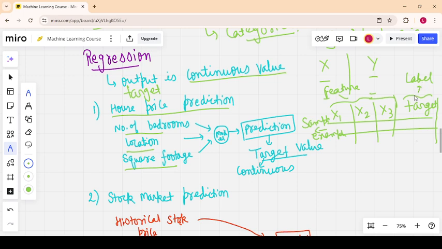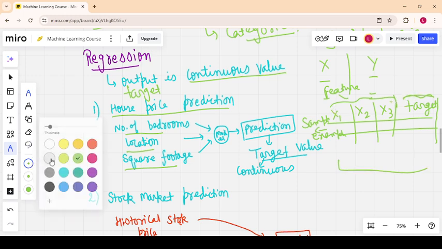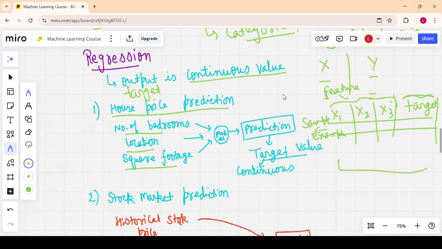When we are dealing with a regression task, we use the term target. Label is reserved for classification tasks. So we have features as well as a number of samples in this dataset. This is X and this is Y. This dataset is fit into a model.